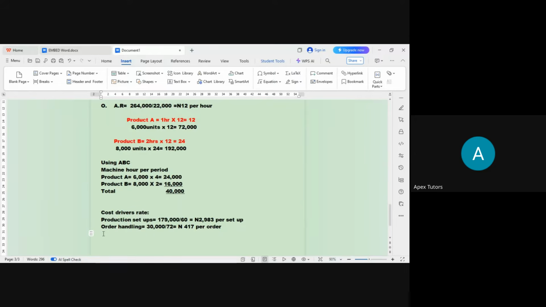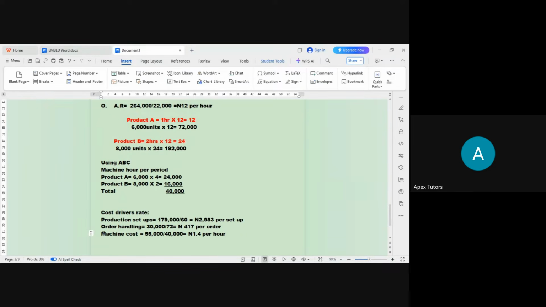Let's say, machine costs. I'm going to have it as what? 55,000 divided by what? 40,000. Then the result is what? 1.4. 1.4 per hour.